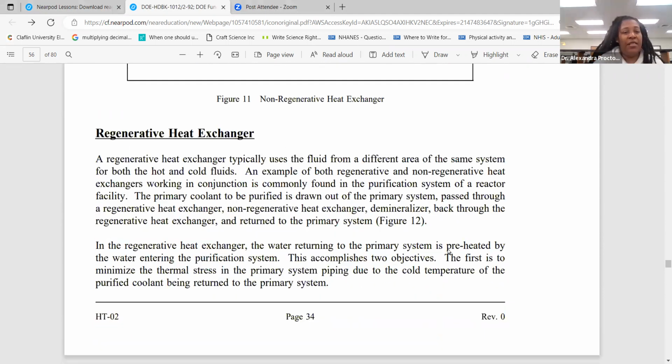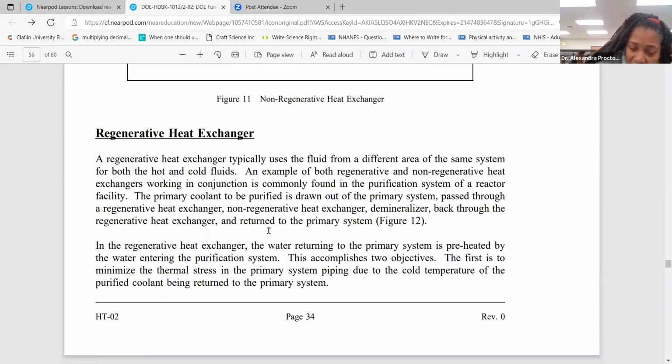The regenerative heat exchanger uses fluid from a different area of the same system for both hot and cold fluids. An example of both regenerative and non-regenerative heat exchangers working in conjunction is commonly found in the purification system of a reactor facility.